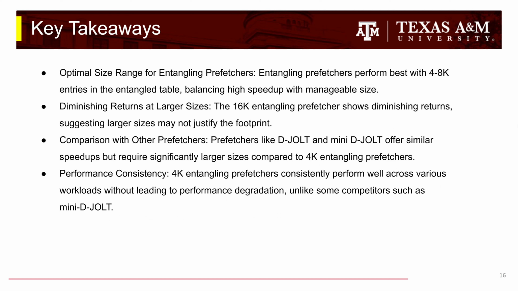Compared to similar technologies like DJOLT and mini DJOLT, our smaller system works just as well, if not better, and is more consistent across different types of computer tasks. This means our approach is effective at speeding up computers while still being efficient with space and resources, paving the path for even smarter technology in the future.